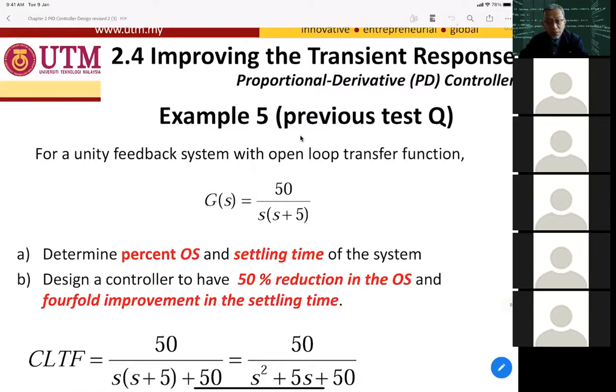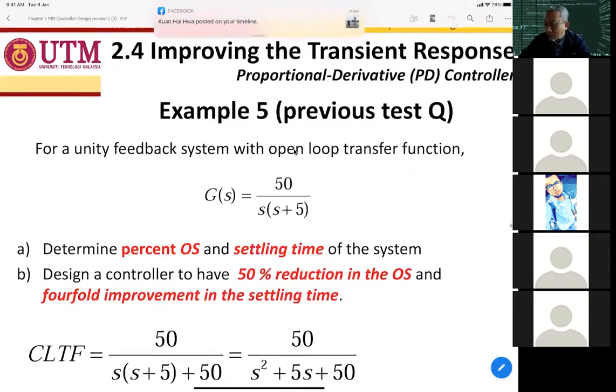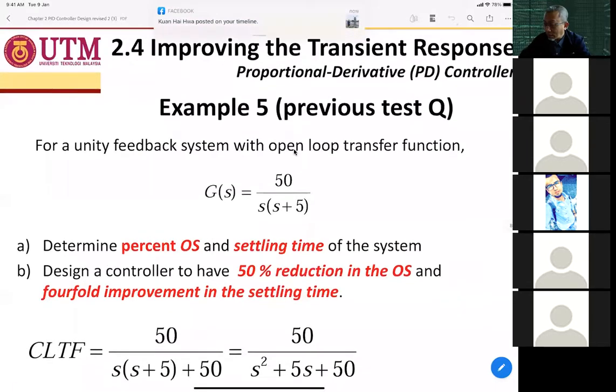Then we go to the PD controller, which is one of the controllers to fasten the transient response, increase the speed of the transient response, and you will see that the peak time, sorry, the settling time will be shorter, okay? So much faster compared to before we apply the PD controller. So let's go to the second example, okay?